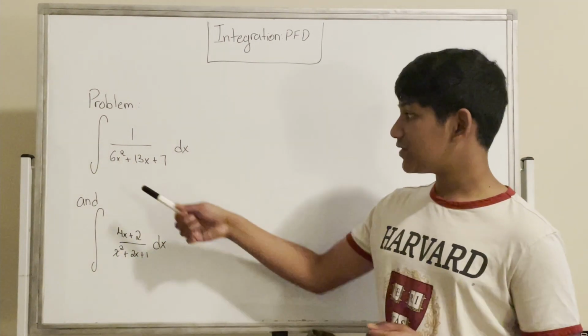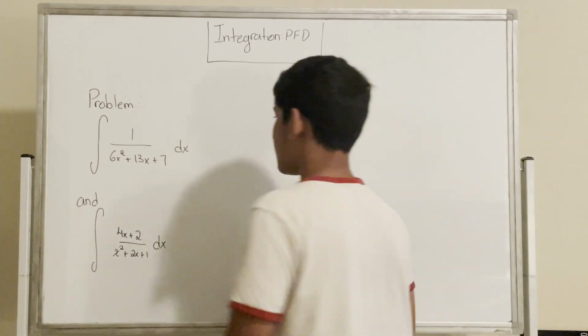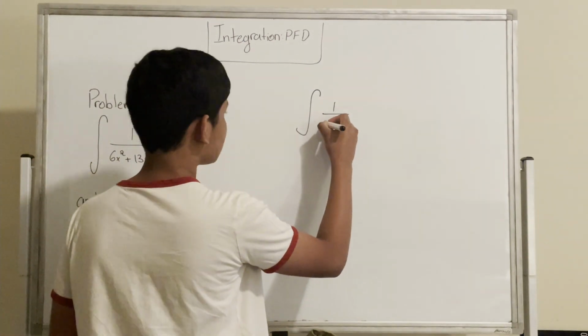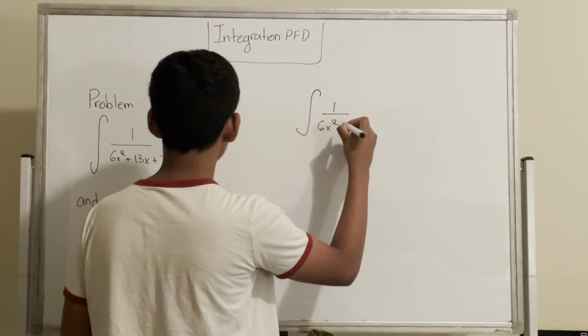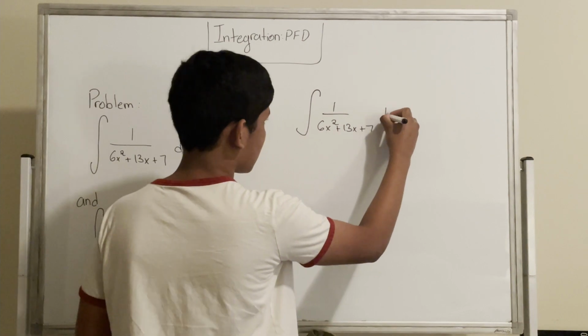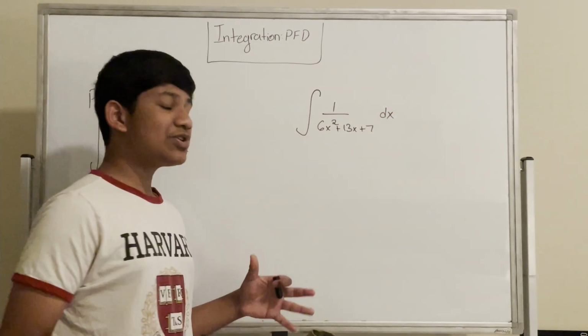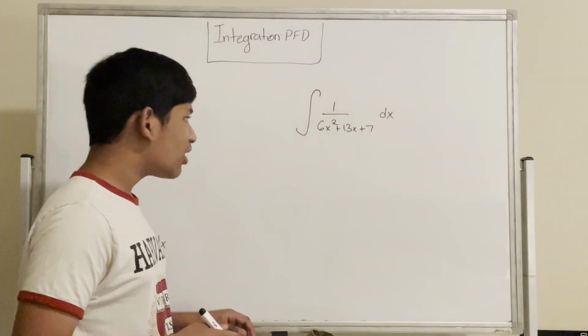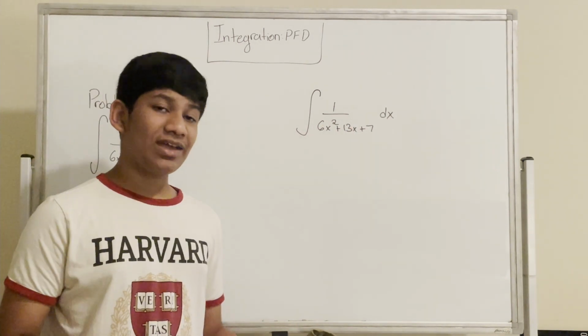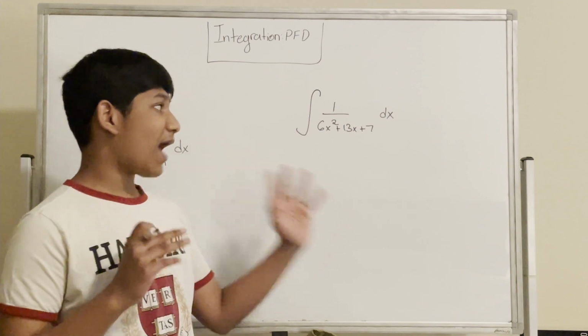So let's first do the first integration problem. So we have the integral of 1/(6x² + 13x + 7) dx. Now first, when doing integration by partial fractions, what we have to do is take the algebraic expression and essentially factor it out.